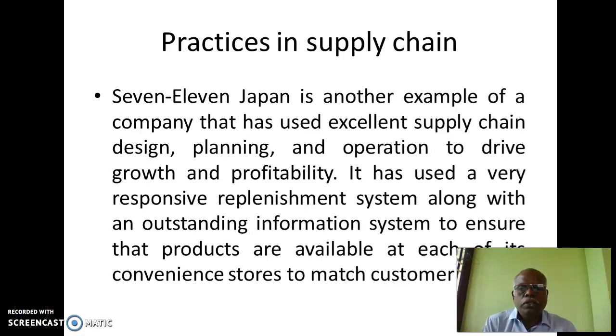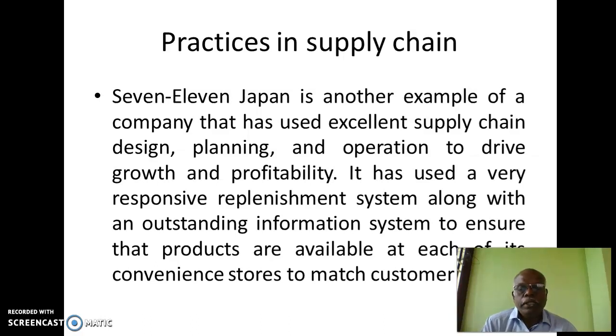So we have yet to see one more example. 7-Eleven Japan is another example of a company that has used excellent supply chain design, planning and operation to derive growth and profitability. It has used a very responsive replenishment system along with an outstanding information system to ensure that products are available at each of its convenience stores to match customer needs.